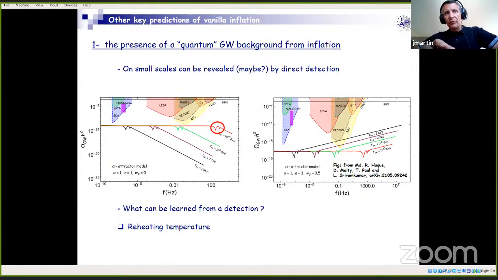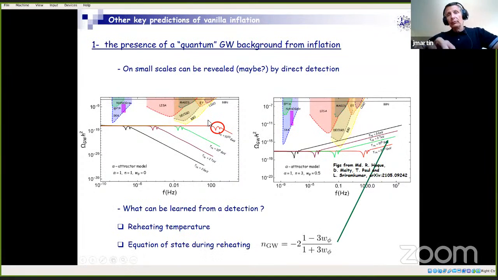This is why we have this break at the reheating temperature. And the slope of the power spectrum in this regime gives you directly access to the equation of state during reheating. So a direct detection, if possible, of course, will give us pieces of information about reheating.